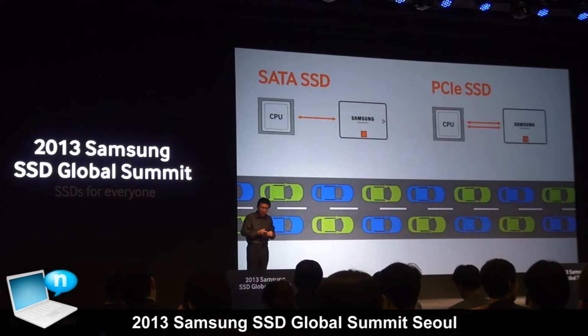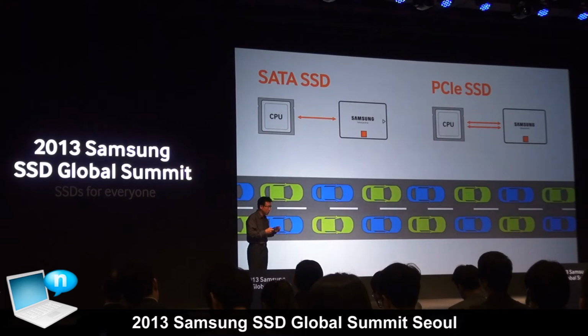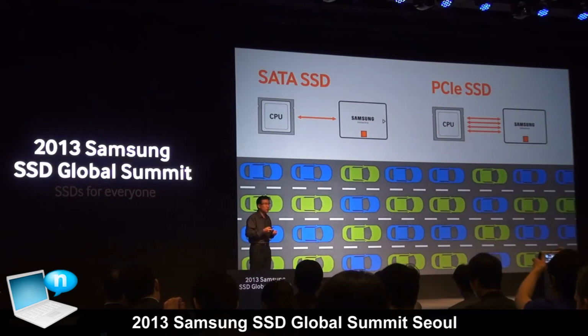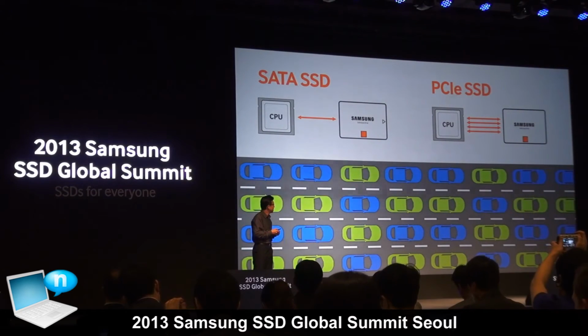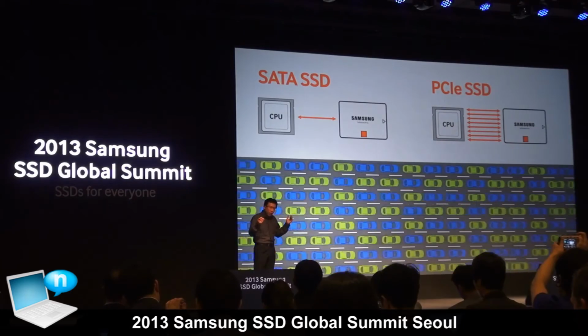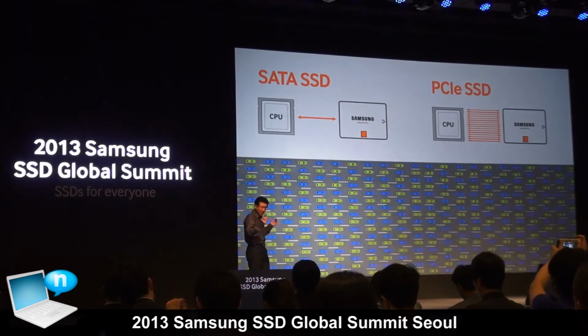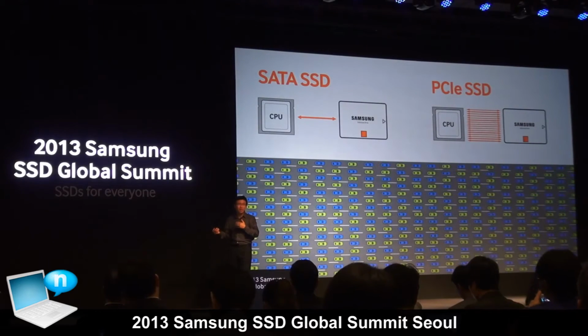But look at the PCIe. It is designed from the ground up as a system local bus. It has scalability to increase its bandwidth from 1 lane to 2 lanes. Or you can even increase it to 4 lanes. Or even 8 lanes. How about 16? Yes, it can also increase up to 16 lanes.